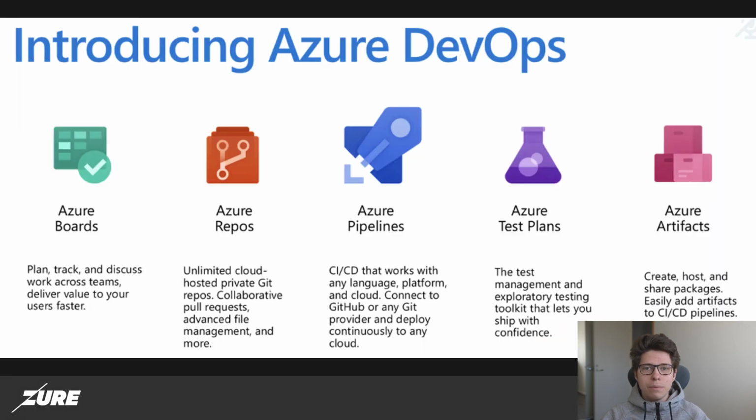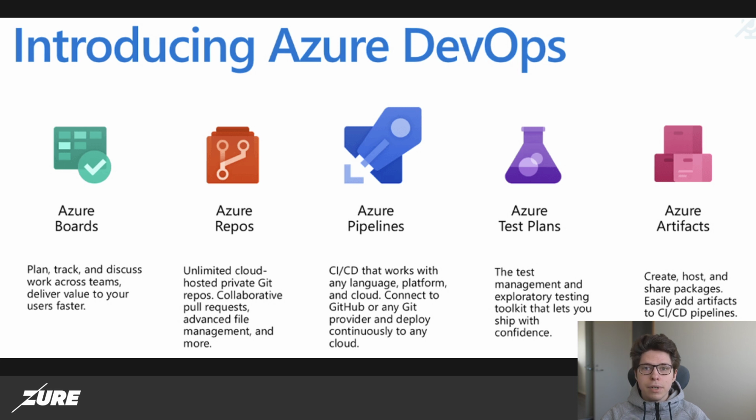So let's begin with some pipeline basics to get everyone up to speed. If you have not used Azure DevOps before, it's a combination of these 5 services. First of all, you have Azure Boards, which is kind of a Jira competitor. You have work item tracking and statuses there. Then you have your private repositories as Azure Repos.